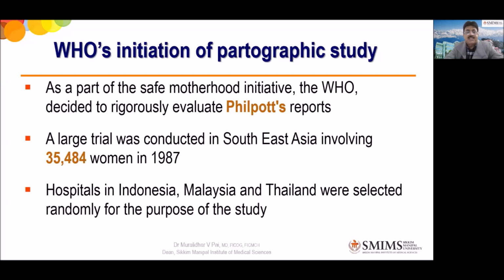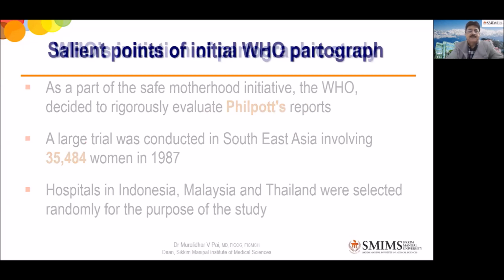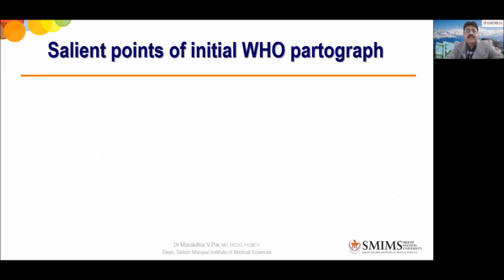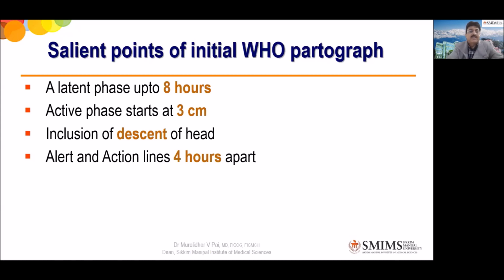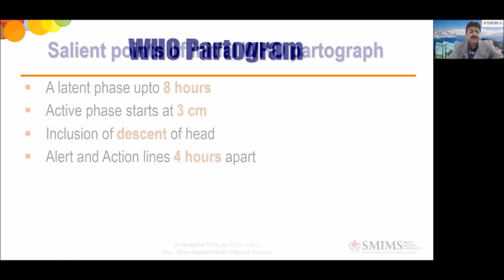Incidentally, I was in Malaysia at that time, and I was also a part of this particular study. Salient points of the initial WHO partogram were: the latent phase was up to 8 hours. Active phase started at 3 centimeters. They included the descent of the head. Alert and action lines, instead of 2 hours, were now 4 hours apart.